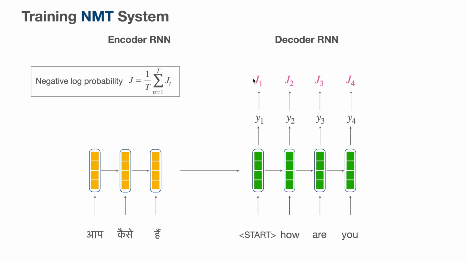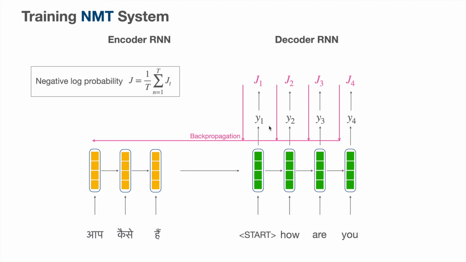So this error function basically calculates the difference between the actual next word and the produced word. So this is nothing but backpropagation. We use this difference to update the weights of all the hidden states.